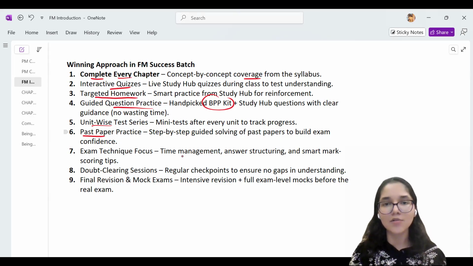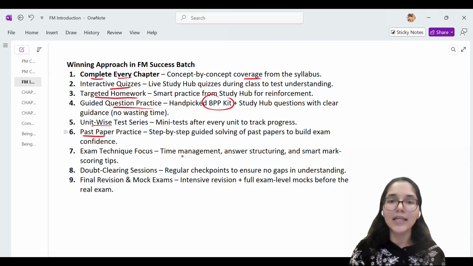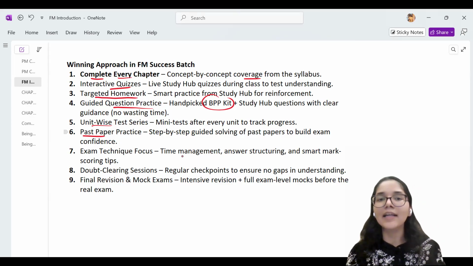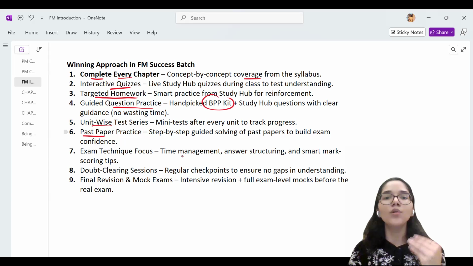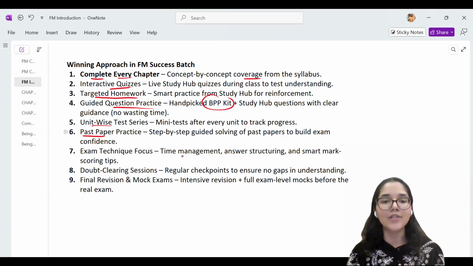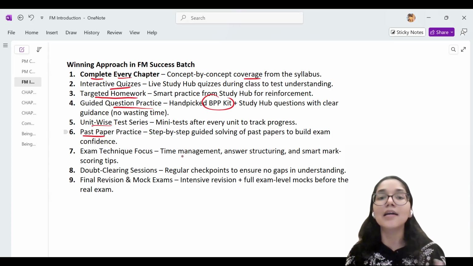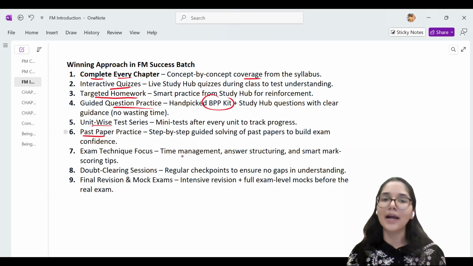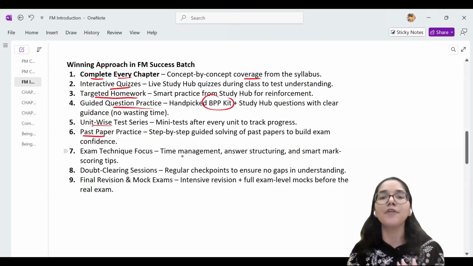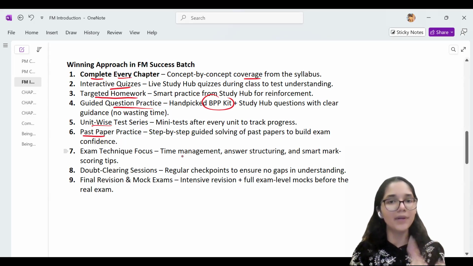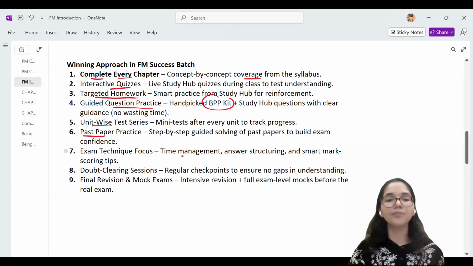Why are these questions going to give you confidence? Because these are questions which came up in the real ACCA exams not very long back. So they give you the latest practice of what questions the examiners have been asking recently. Once you practice those questions on your own, you will definitely feel more confident that you will be able to solve whatever comes up in your final exam also.